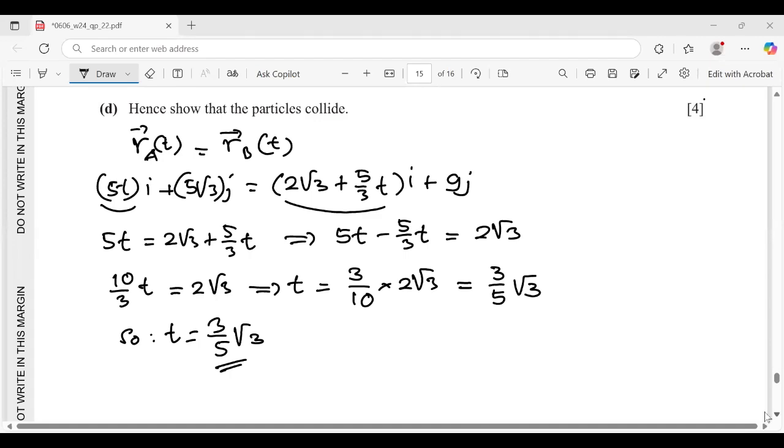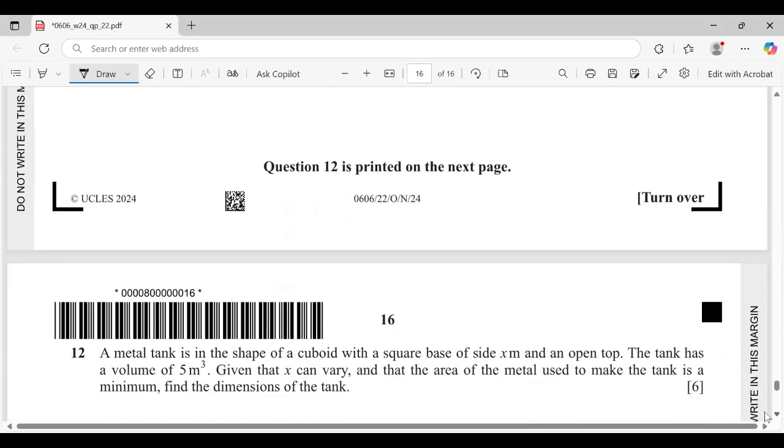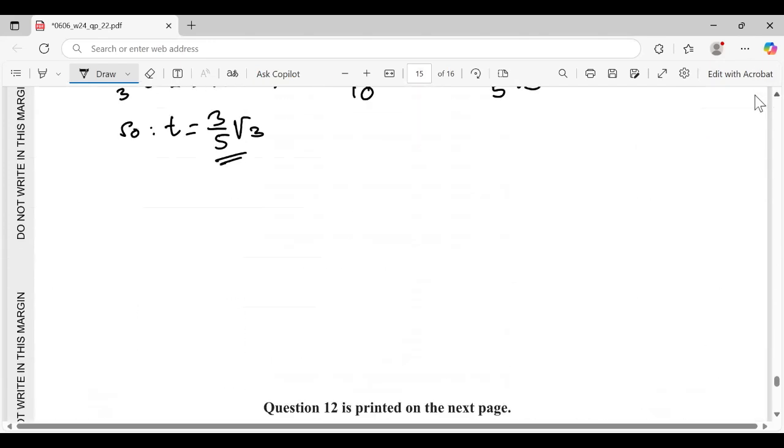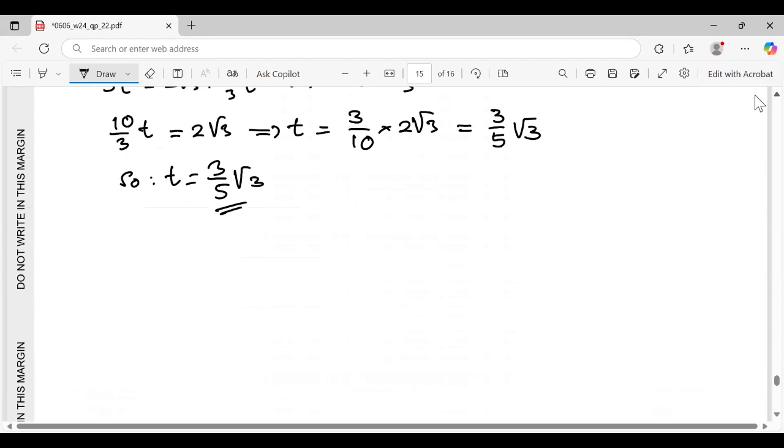Next question, number 12. Before number 12, I would like to write the conclusion for number 11.